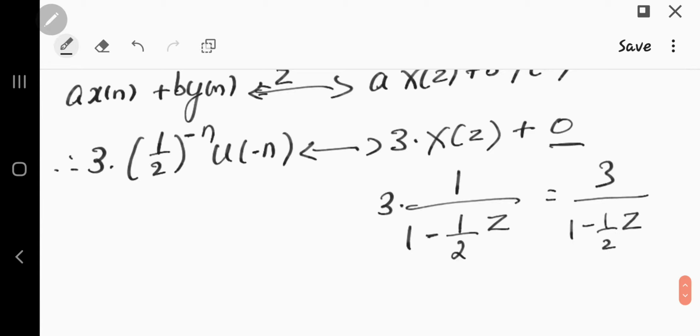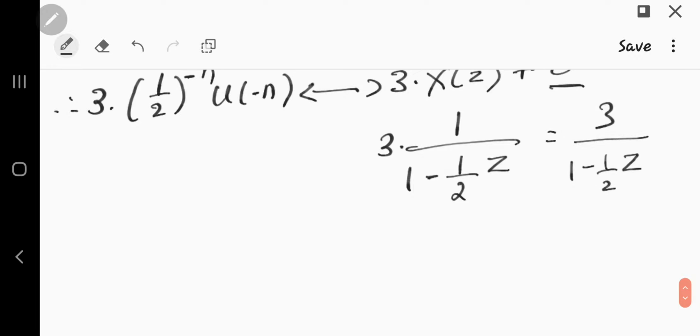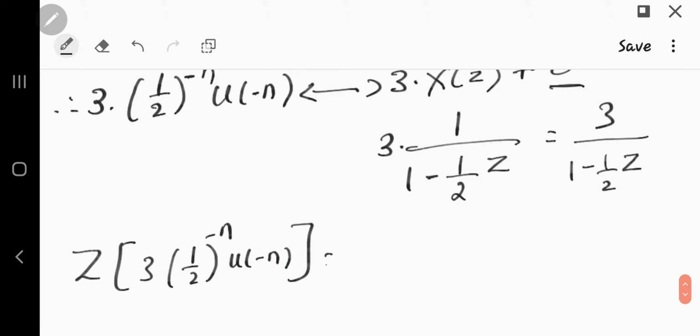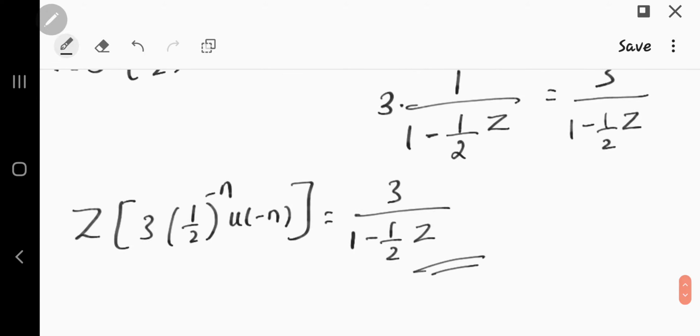We can further simplify this to bring it to the simplest form, or you can just write that the z transform of 3 into 1 by 2 to the power of minus n into u of minus n is equal to 3 divided by 1 minus 1 by 2 z. That is the final answer.